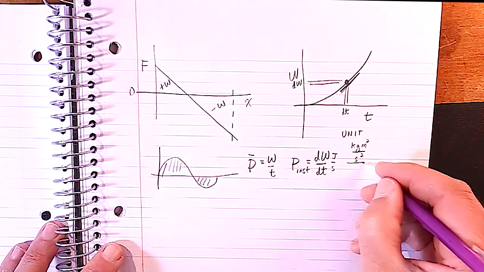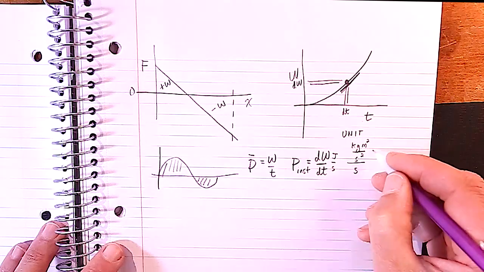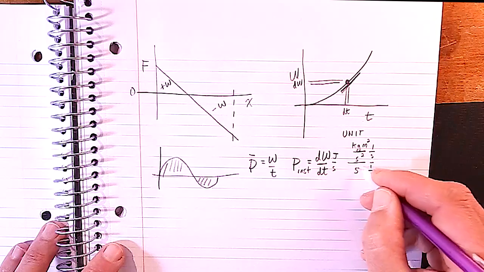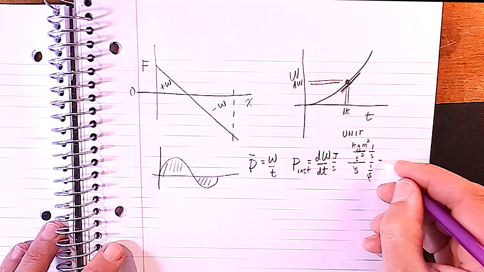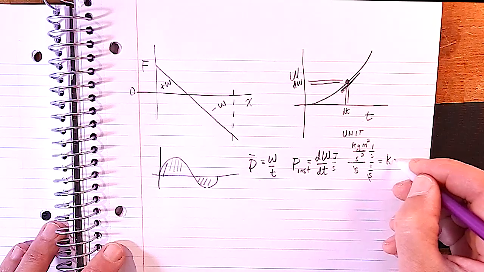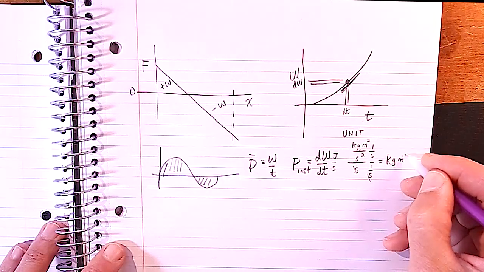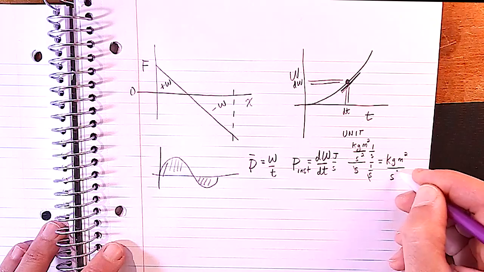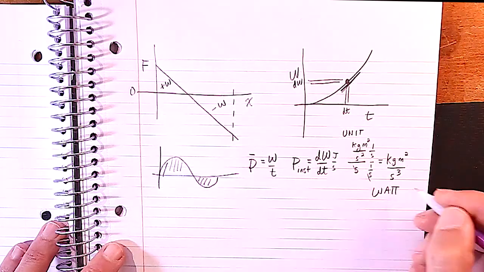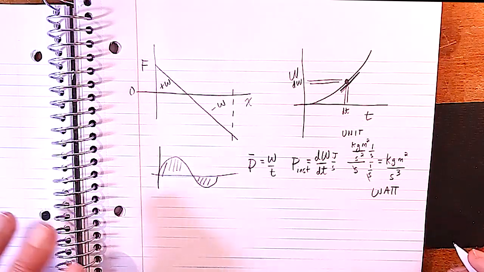But we're dividing that by seconds, so multiplying through by 1 over s, the seconds combine and that becomes s cubed. So that becomes a kilogram meter squared over second cubed. And that is a watt in fundamental units.